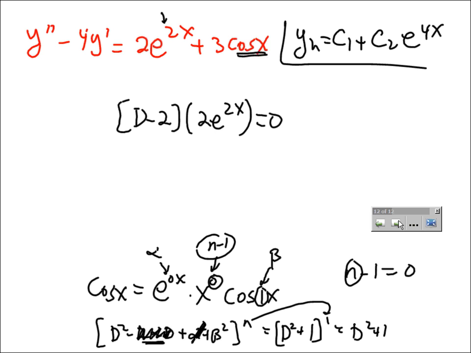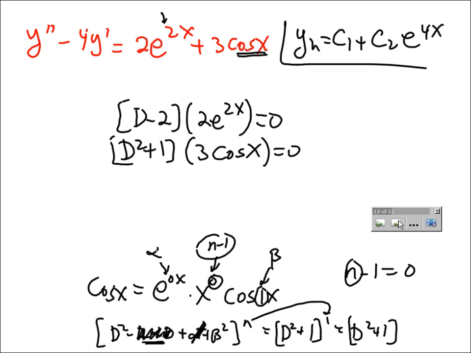That is, D squared plus 1 will annihilate any constant multiple of cosine x.